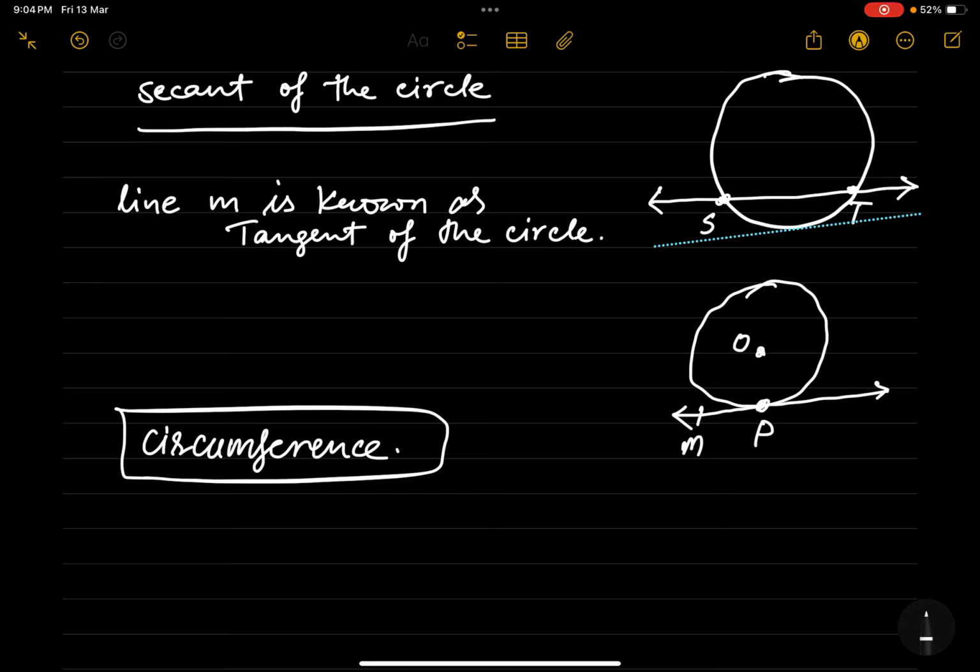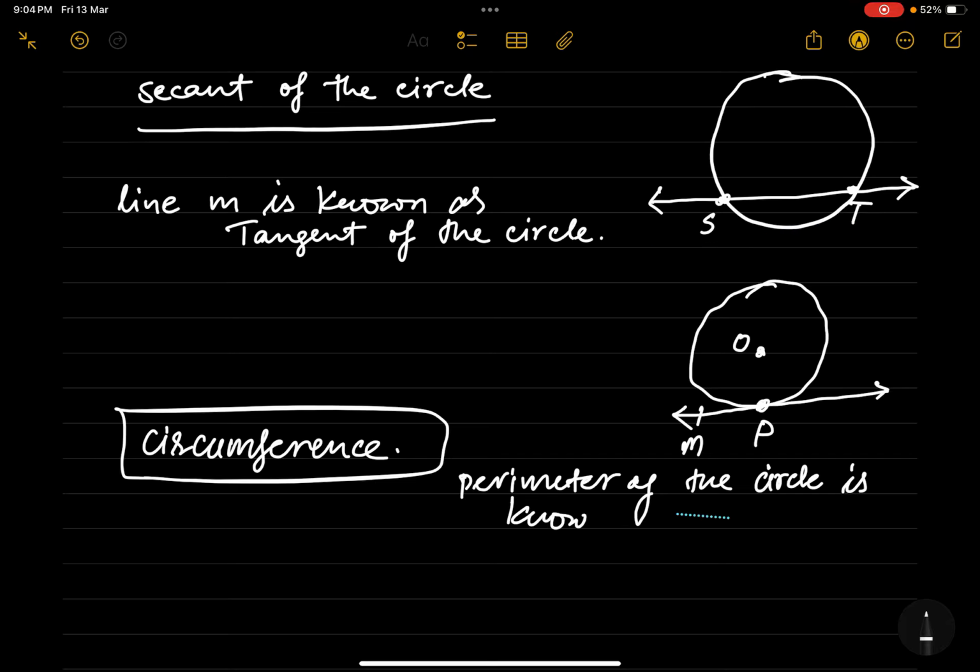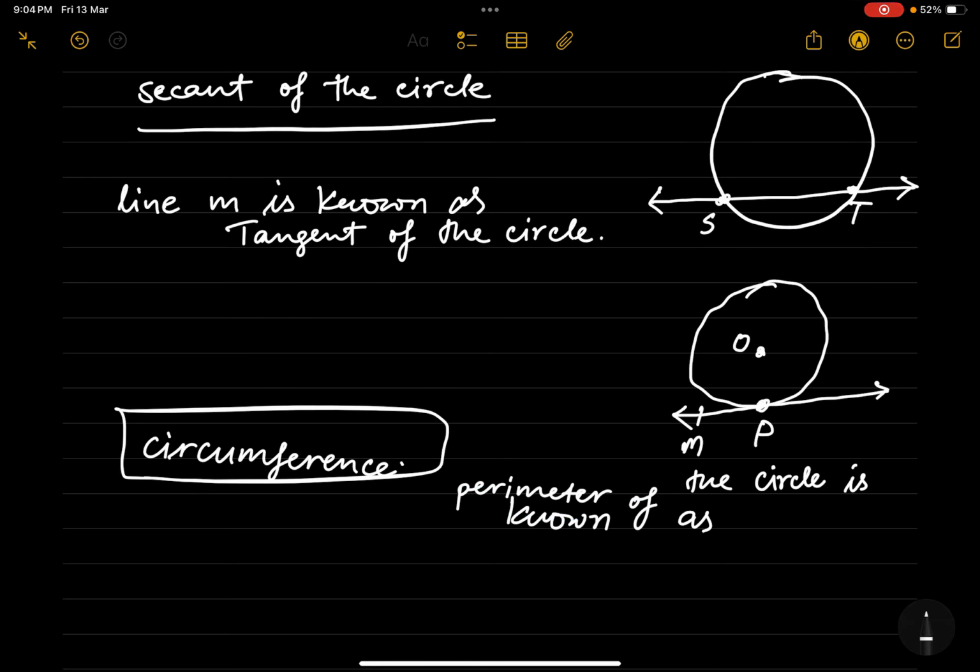So the perimeter of the circle is known as the circumference. Okay, so till now we have defined chord, radius, diameter, secant, tangent, and circumference.